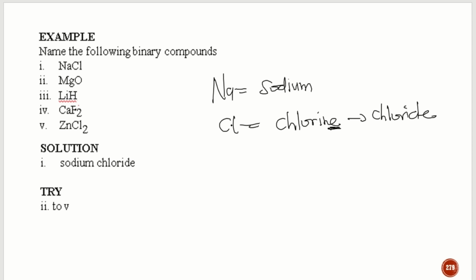When you are done, you now add up both the cation name and the anion name. But don't forget, we did not consider the oxidation state of the sodium because it is carrying an oxidation state of +1. So the name becomes sodium chloride.